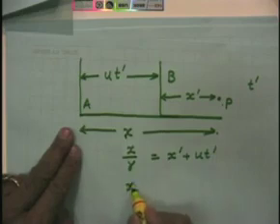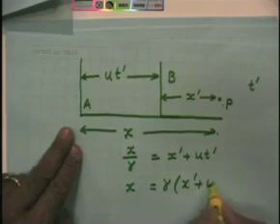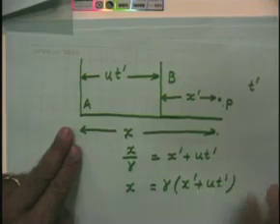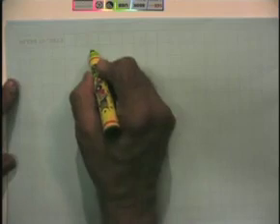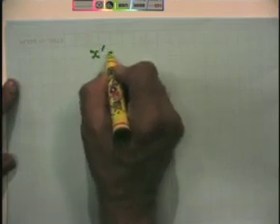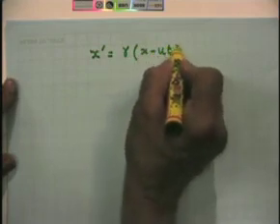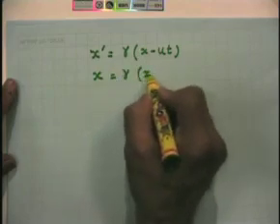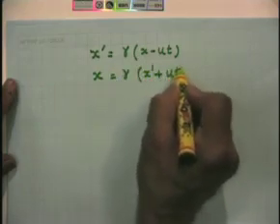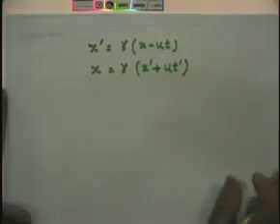So, x is equal to gamma of x prime plus u t prime. So, I have derived the two equations. We arrive at two equations: x prime equals gamma into x minus u t, and the second equation is x is equal to gamma into x prime plus u t prime. These two equations are known as the equations deriving the Lorentz transformation.